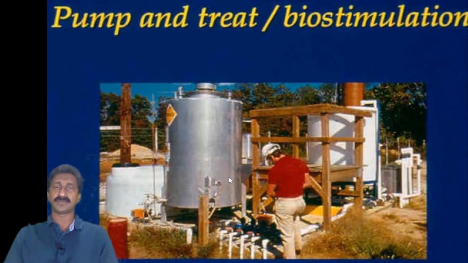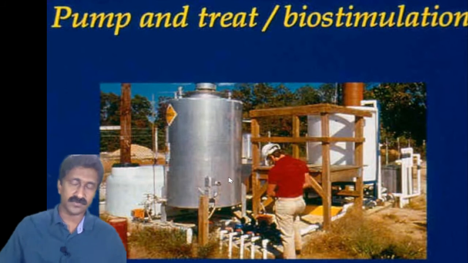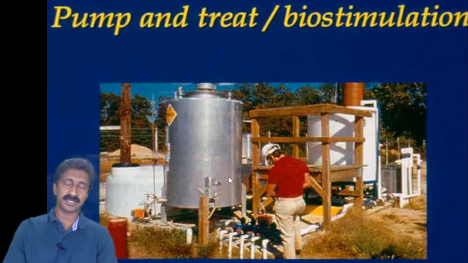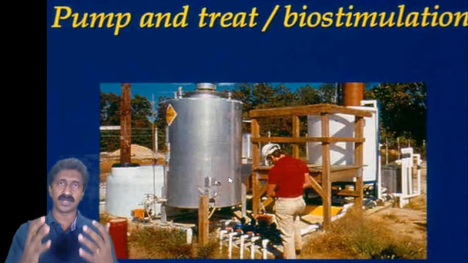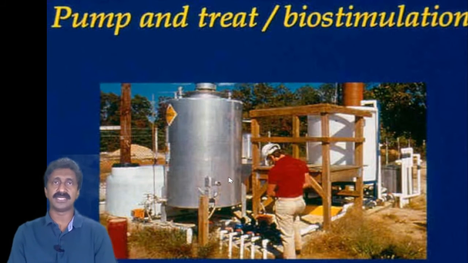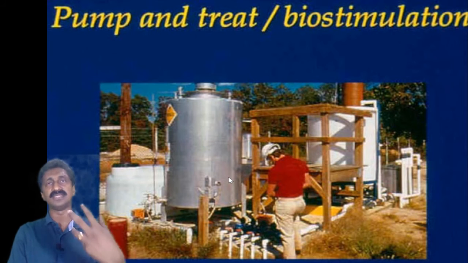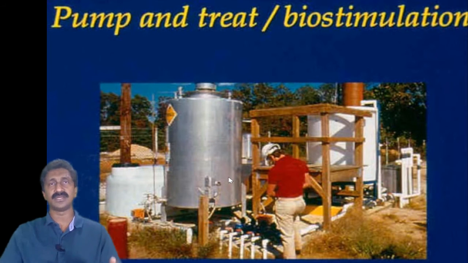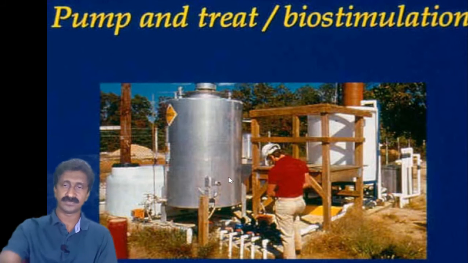This treatment of contaminated water bodies or subsurface water bodies is done using a designed system in which the contaminated water is pumped out, treated, then reintroduced. So this is actually a type of biostimulation.